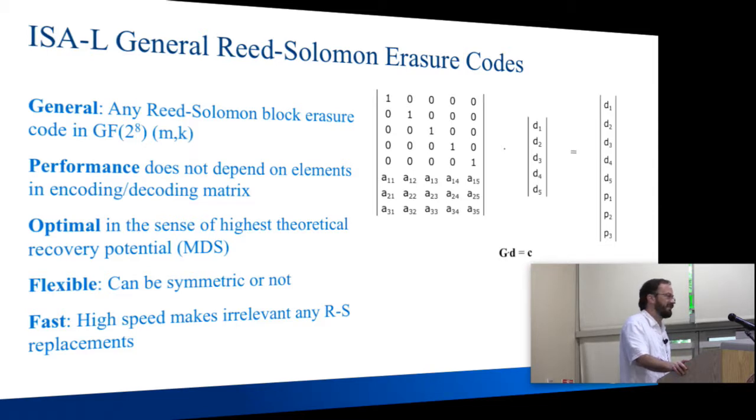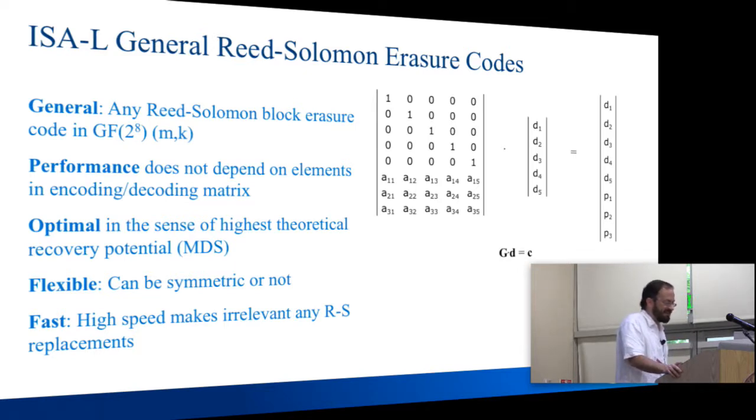You can match the parity and the sources, and Reed-Solomon erasure codes are optimal in the sense that they're maximum distance separable. There's a very easy way, if you pick the right encoding matrix, to tell how many erasures you can support before you can't recover the data.